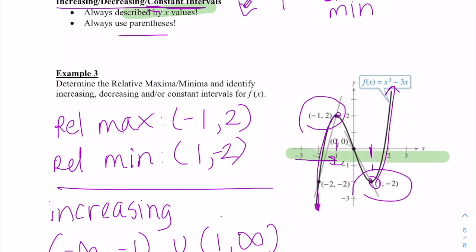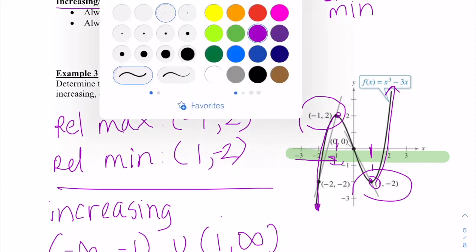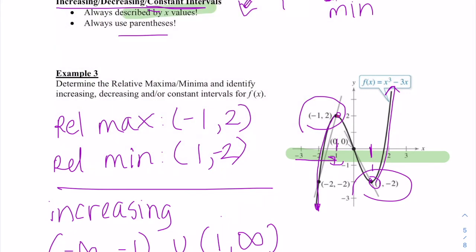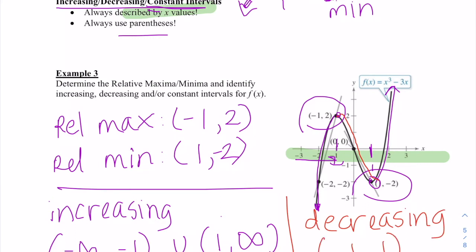Now let's look at the decreasing intervals. The decreasing, where this roller coaster is probably the most fun, would only be between those values of x when the slope is decreasing or negative. So this decreasing interval would be between the values -1 and 1.